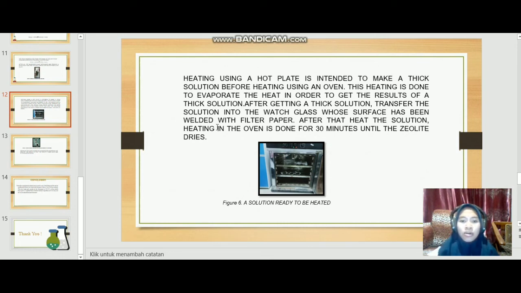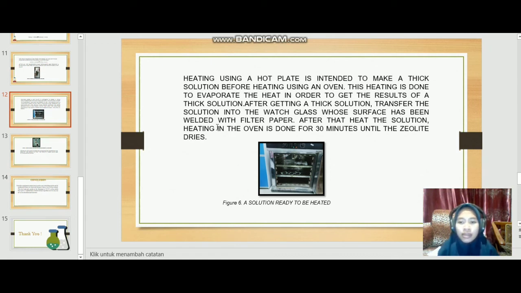This heating is done to evaporate the water in order to get a thick solution. After getting a thick solution, transfer the solution into the watch glass whose surface was lined with filter paper.